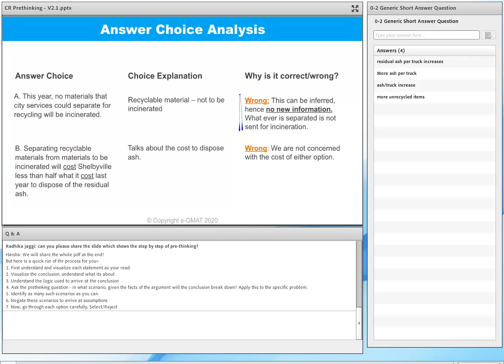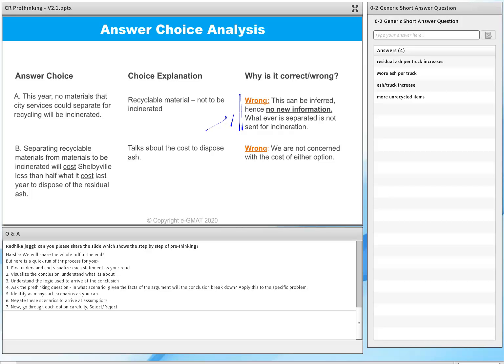If the idea is already inferred, it's stated, it's not an unstated idea. This is not a correct answer. This is one of the 15% of questions where the options provide information that's already given in the argument. This is must be true, but not unstated, hence not the correct answer.